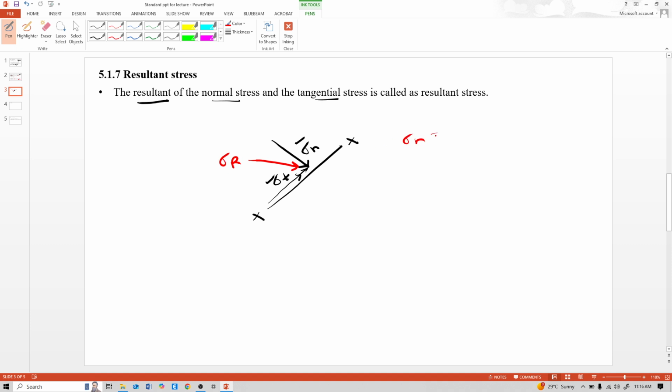Here, sigma n is normal stress, sigma t is tangential stress, and sigma r is resultant stress.